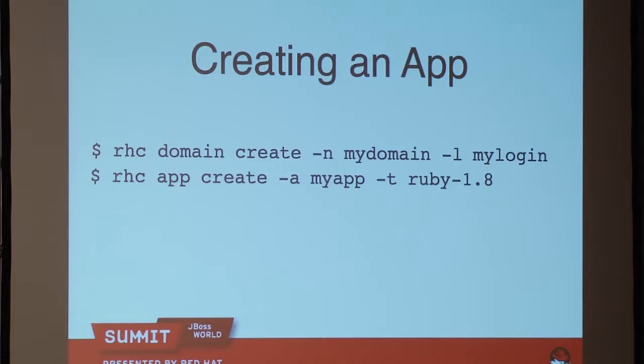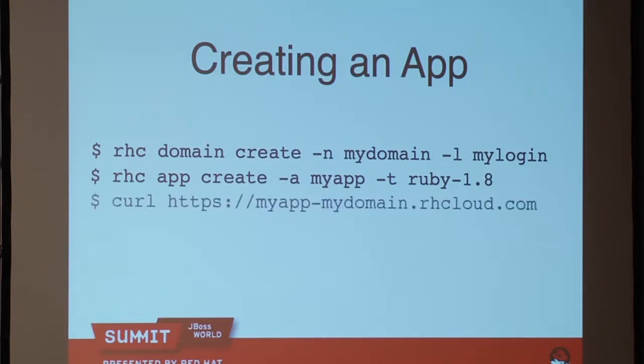You just have to specify the app name and the language that you want to use. And there are a whole bunch of languages available. There's also a DIY cartridge, and the idea there is if OpenShift doesn't support something you like, then you can always spin up something of your own. And I've created one using Dart. There are a whole bunch using Play and many other frameworks also available.